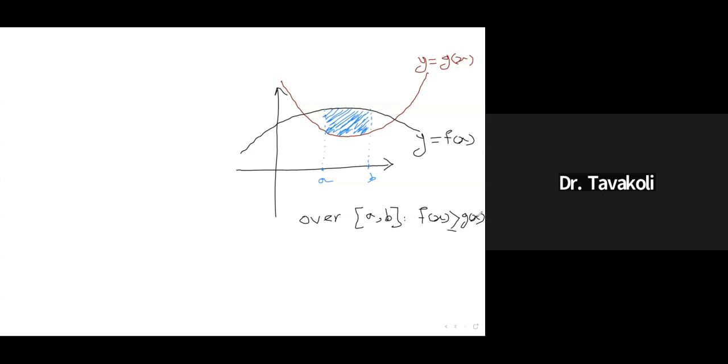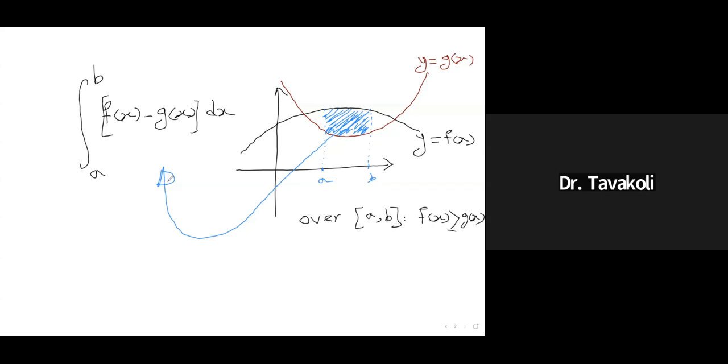In this situation, when we want to find the area between the two functions, I should subtract the area under the graph of g from the area under the graph of f. Therefore, I should integrate f of x minus g of x over the interval from a to b. So this blue region, the area is calculated by this integral.